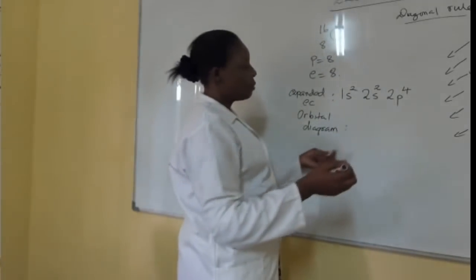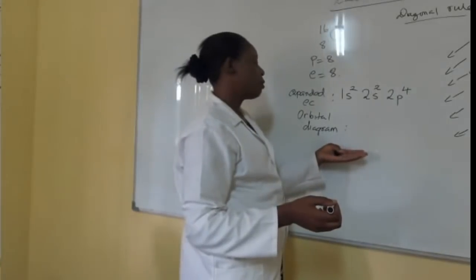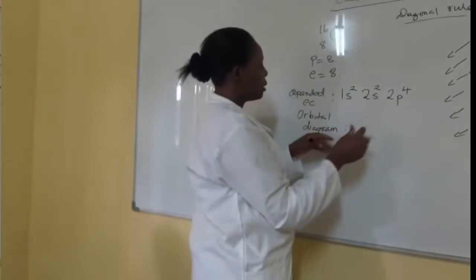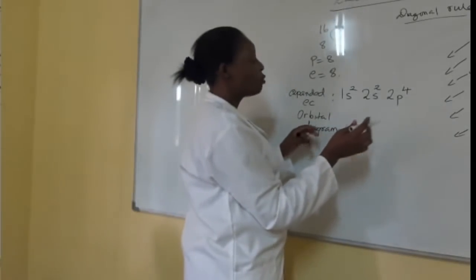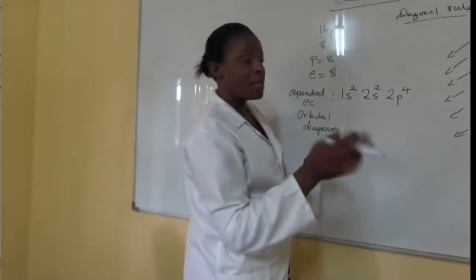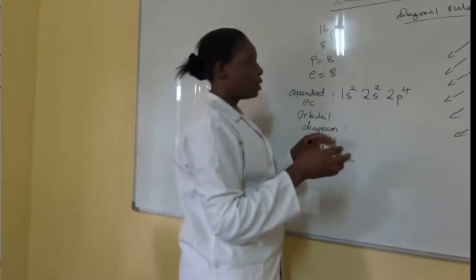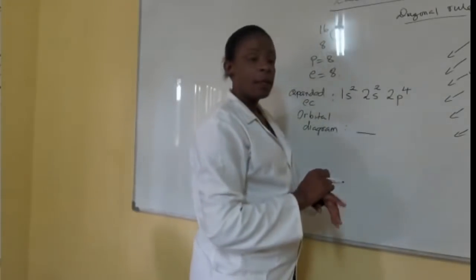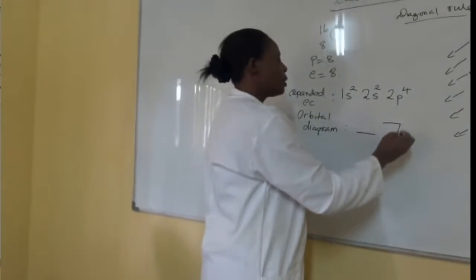So orbital diagram means that we are now displaying this by drawing the atomic orbitals. Okay, so how is an orbital represented? An orbital is represented using either a line or a box.